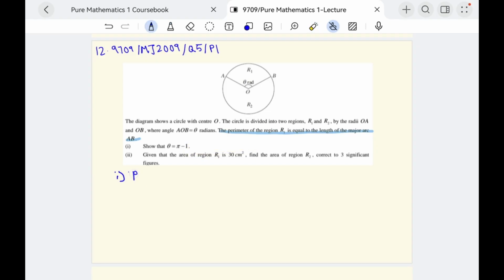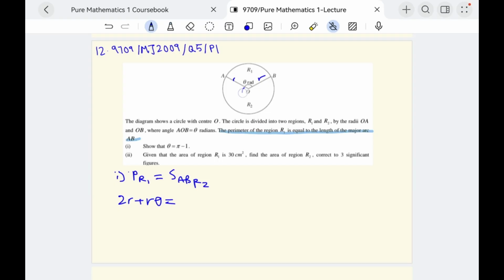So the perimeter of region 1 equals the major arc AB of R2. How to get the perimeter of region 1? It is twice the radius, so let's label it as r. The 2r plus r theta equals the arc length.